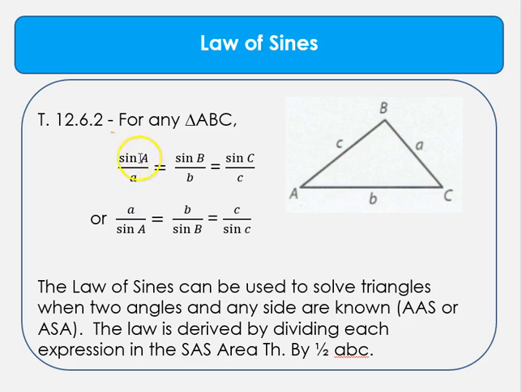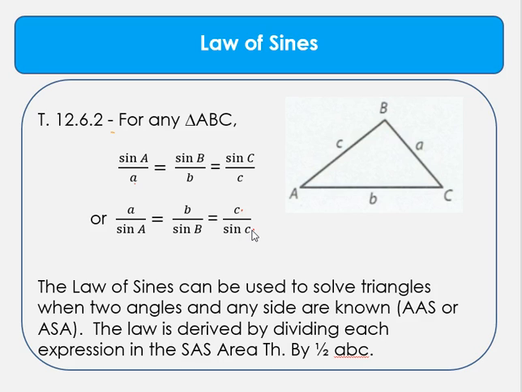And those ratios might be sine A over side a. So this is the angle over the side, angle over the side, angle over the side, or you could have side over angle, side over angle, side over angle, and you can see the pattern. So your pattern will be sine A will always be over side a, and side c will always be over angle C, and so forth.